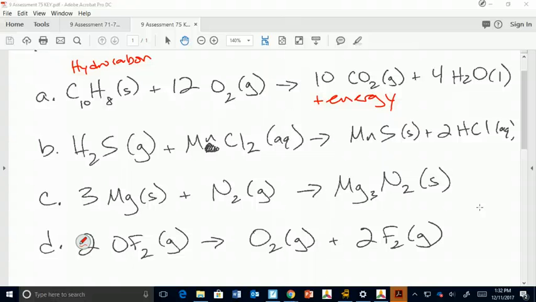Okay, so look at B. I've got hydrogen sulfide and manganese chloride. And then I have manganese sulfide and hydrochloric acid. What kind of reaction do you think that is?